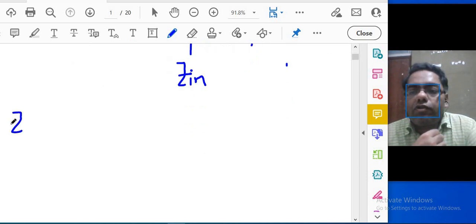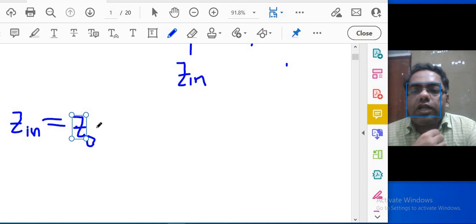We have the formula: Zin equal to Z0. I am writing with the mouse, so it is a little difficult. So Zin equal to Z0.